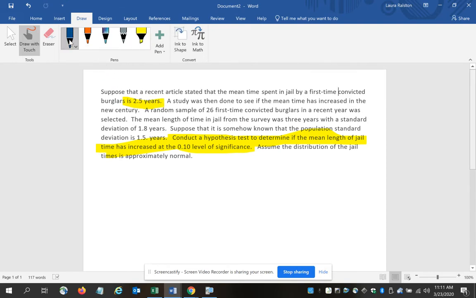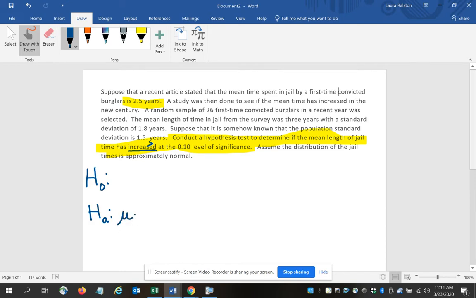From that, I'm able to determine my null hypothesis, which is represented by H sub 0, and my alternative hypothesis, H sub A. Again, this word increased makes me think of the symbol greater than. It does not include equal, so that gives me the alternative hypothesis.